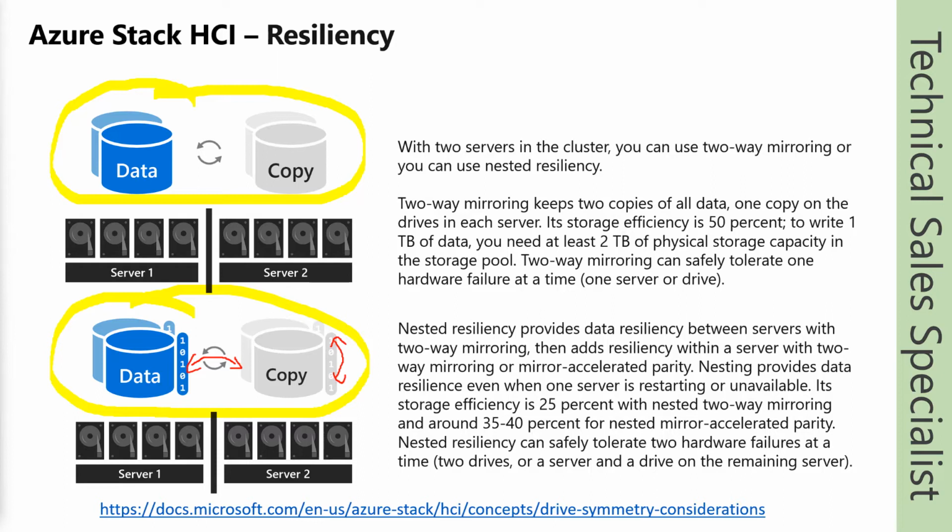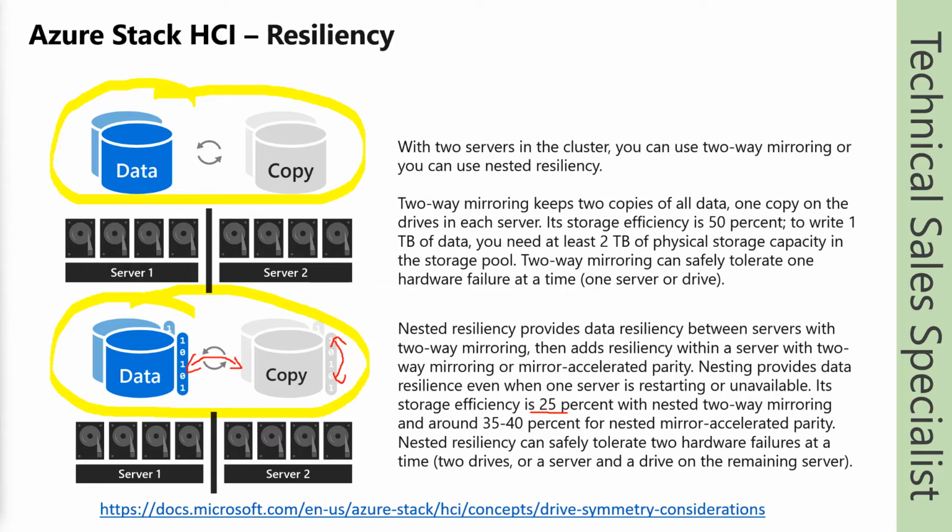So 4 copies for each extent. For sure, this means that you only have 25% usable capacity, or the footprint of your volume is 4 times the size of the volume itself. But your advantage is you can survive a server failure and an additional drive failure in the remaining server.